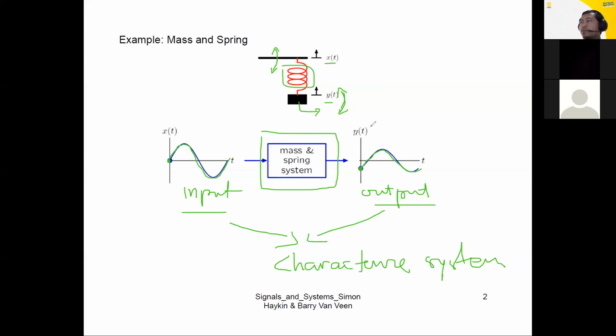Also for a system that we can create, for example a smartphone is a system, we can break it down into subsystems.